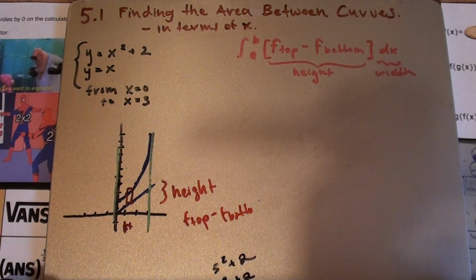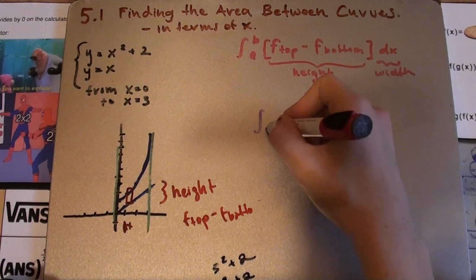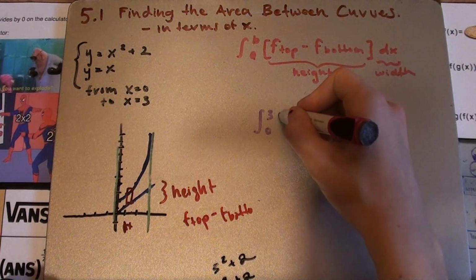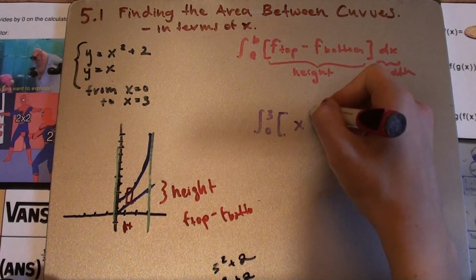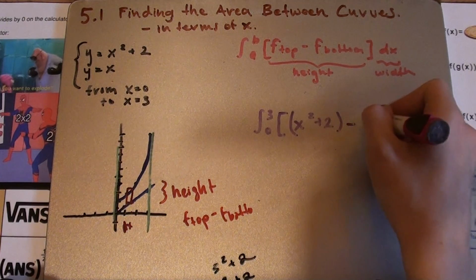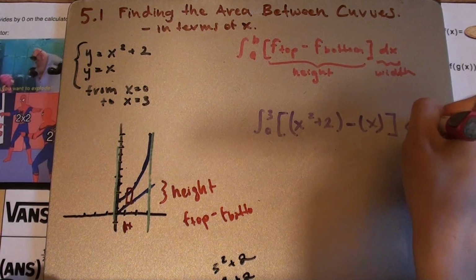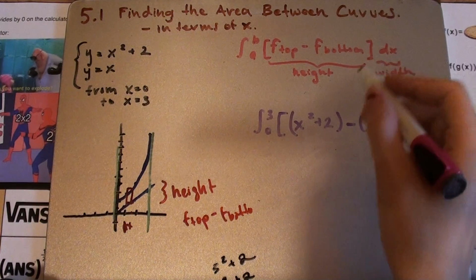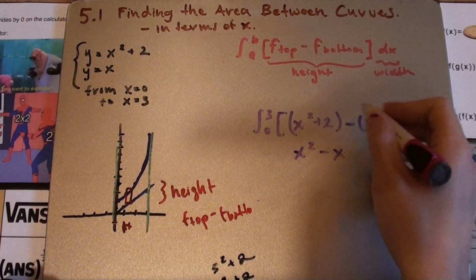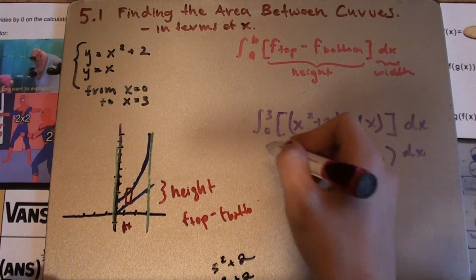We're going to have the integral, and our bounds are from 0 to 3, and our top function is x squared plus 2, our parabola, and then we're going to subtract out our bottom function, which is just x, with dx. So now we're going to rewrite this so it looks a little nicer. I'm just going to squeeze it all together: the integral of x squared minus x plus 2 dx.